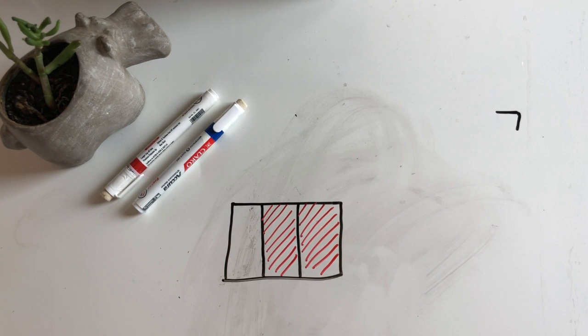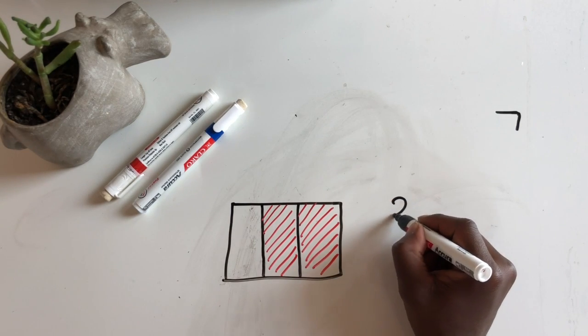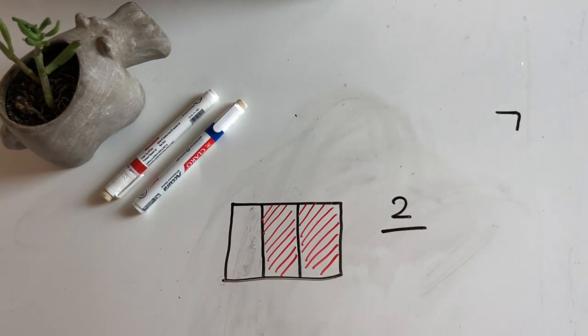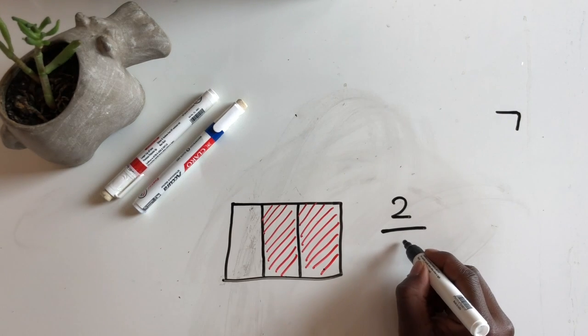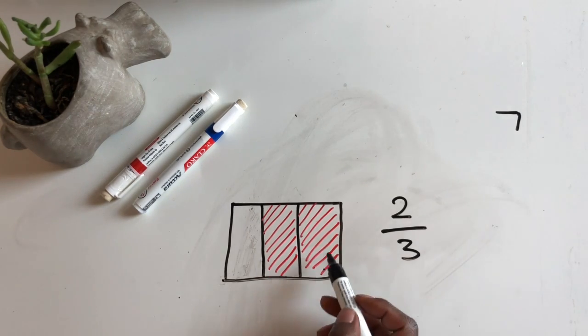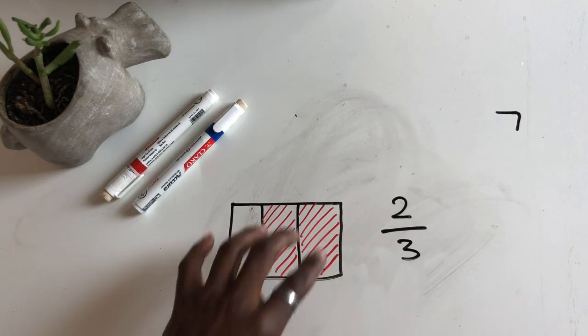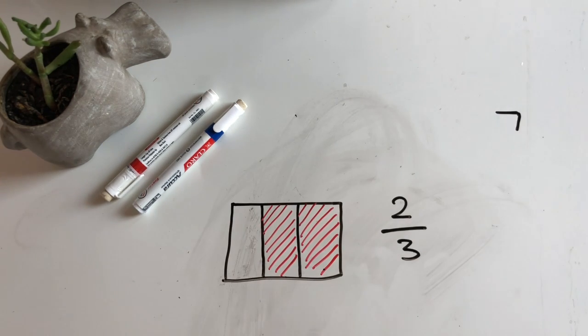So now, the fraction represented here would be 2 being the numerator, 2 over 3. Okay? 3 being the number of equal parts, so the total number of parts the shape has been divided into. Okay? Let's look at another one.